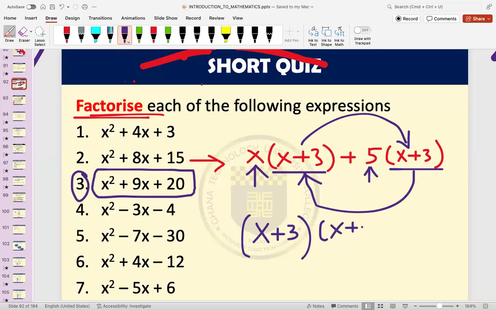But if you become a master of it, like I'm seeing, you can also write the one you don't know first before you write the one you know. In that case, you write the one outside first, which is x plus 5, and then the one at the end of the day, when you put them together, they will all give you back the same expression.